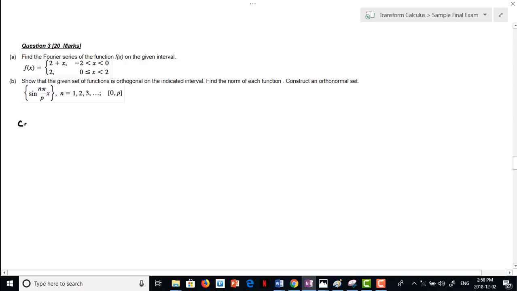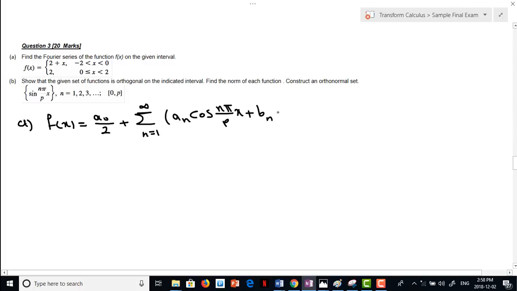So you know that for part A, f(x) would be equal to a0 divided by 2 plus summation of an cosine(n pi over p x) plus bn sine(n pi over p x).